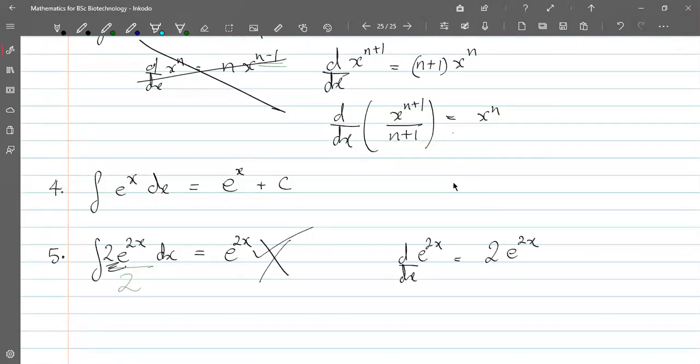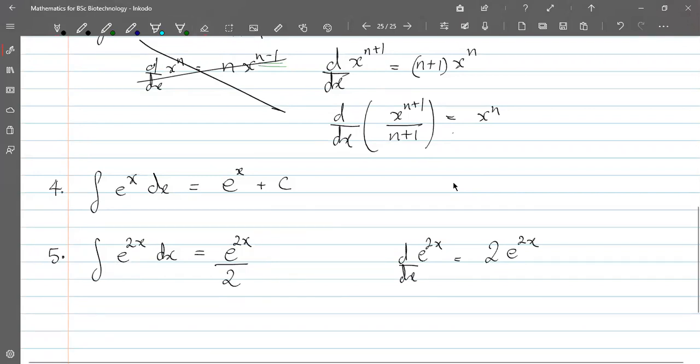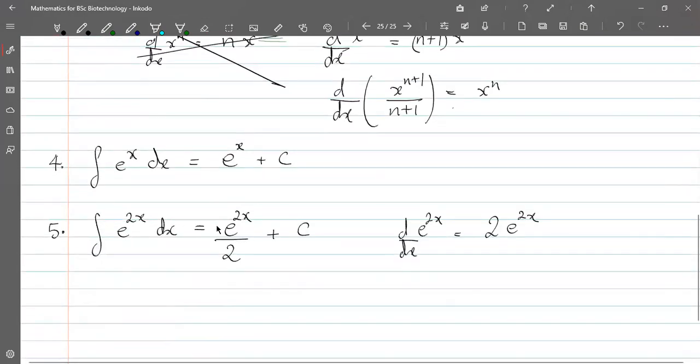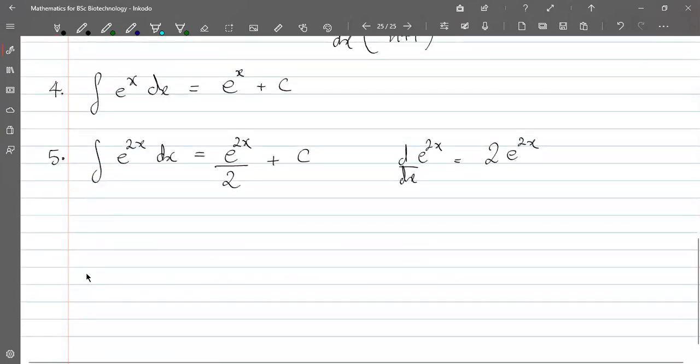By dividing by 2, right? So I can write e power 2x by 2, and of course plus c. Is this clear? Very similar to what we had here. Compensate for the extra 2 by taking to the other side or by dividing by 2, right?